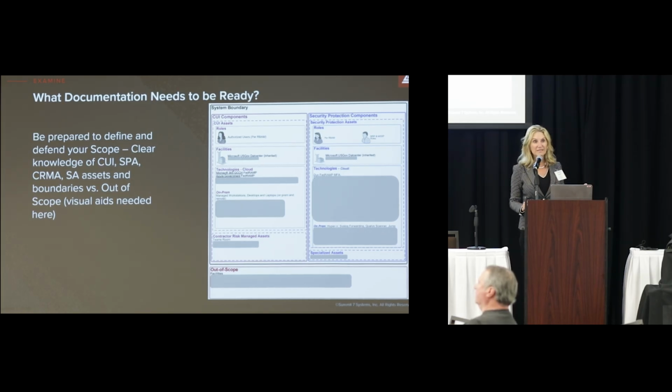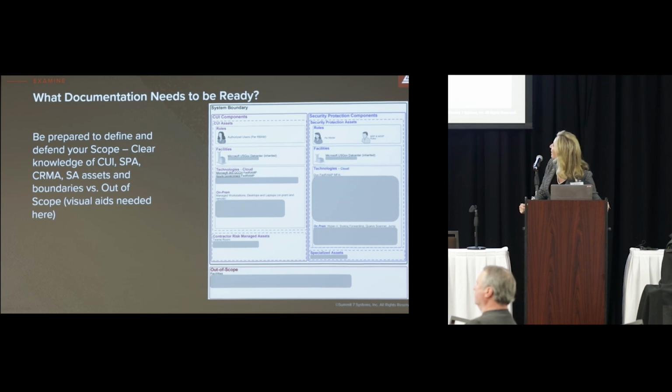First of all, you can present a list of these are my assets, the different asset categories. Or you can do a pretty picture. Now, I grayed out a lot of this. This is our actual Summit 7. We actually have pictures of the people that are in the purple block for the CUI assets, right? We've got our technologies, the ones that are in the cloud, the ones that we have on premise.